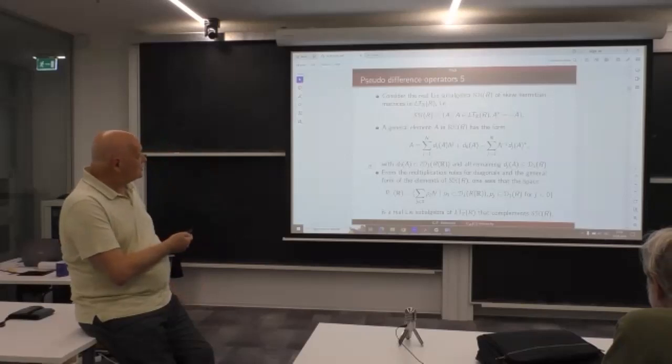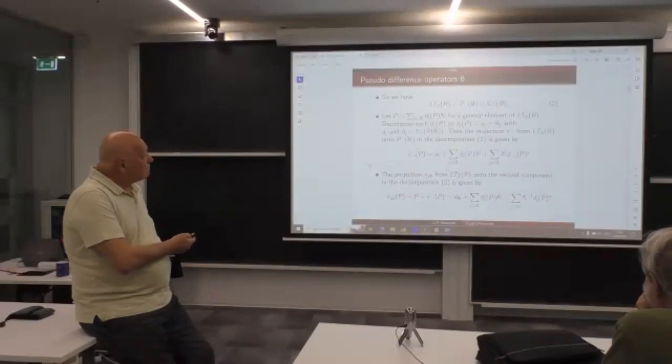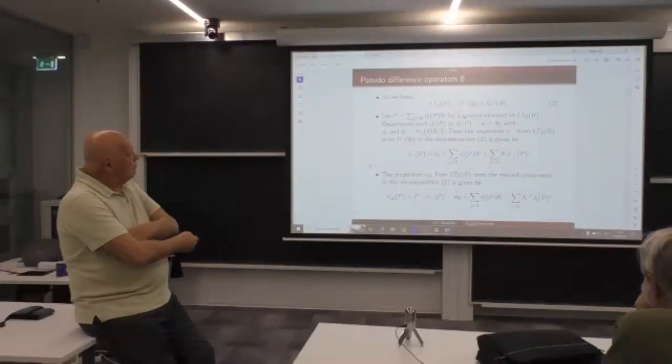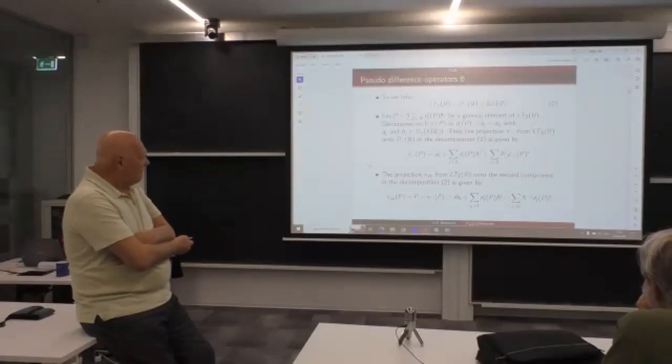And the intersection of those two algebras is zero by construction. So we have the direct sum, and you can easily express the component in each of the two Lie algebras. The projections I denote by P minus and by P SH.